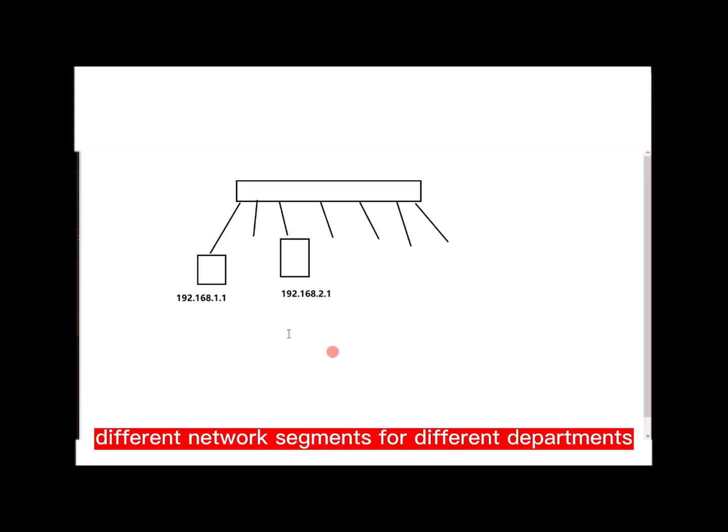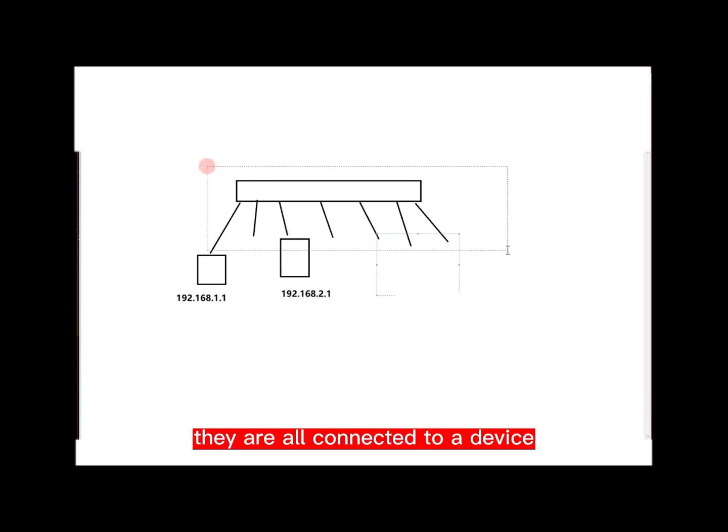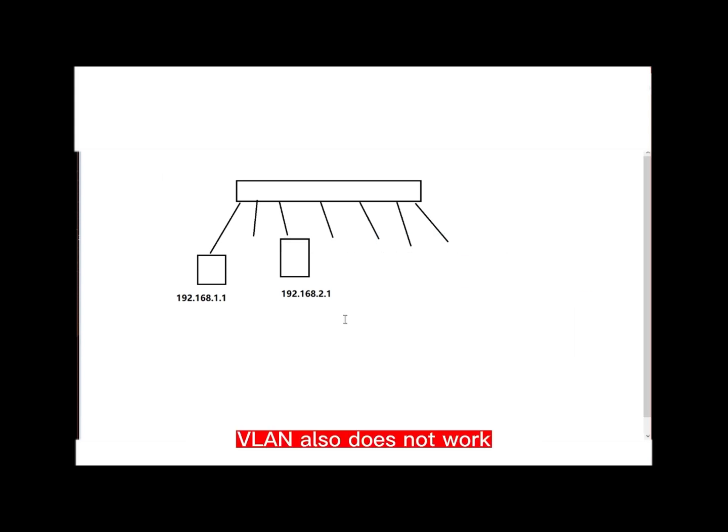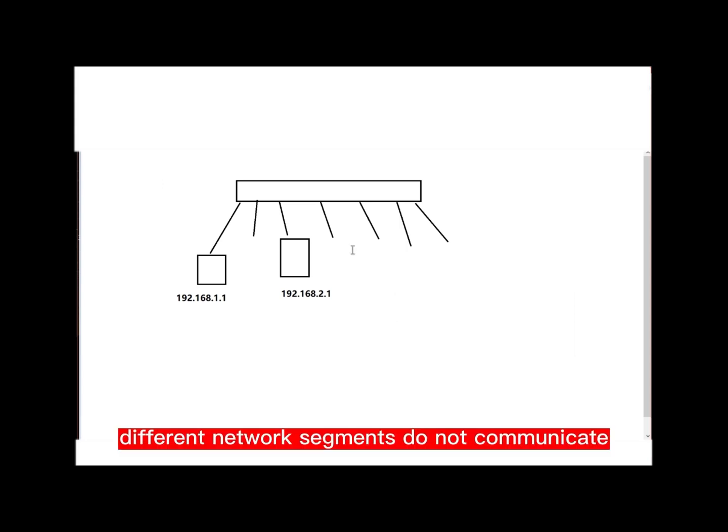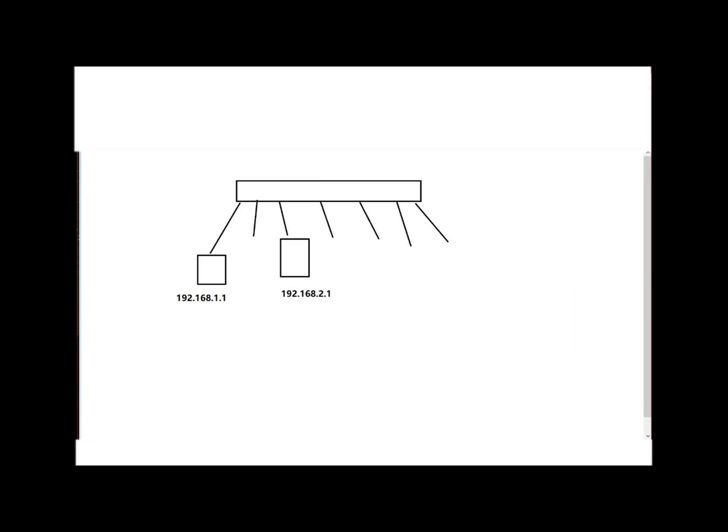If I now draw different network segments for different departments, and they are all connected to one device, they also don't work. VLAN also does not work. Different network segments do not communicate. I simply configure it as a different network segment. It doesn't work.